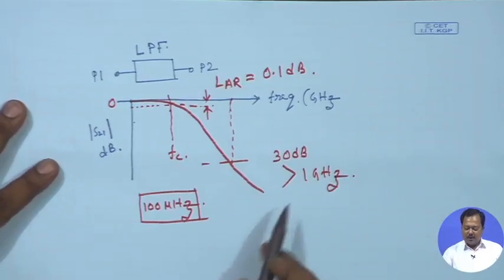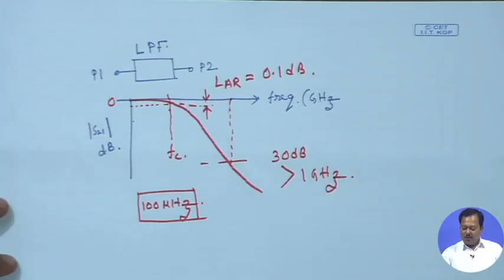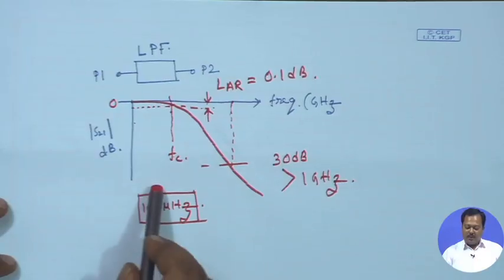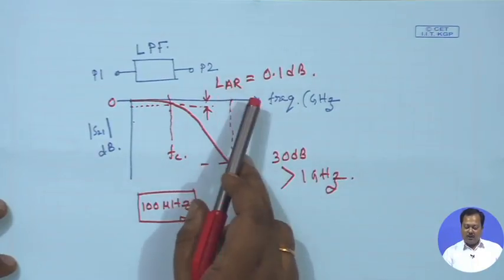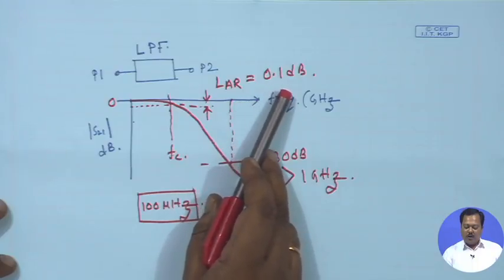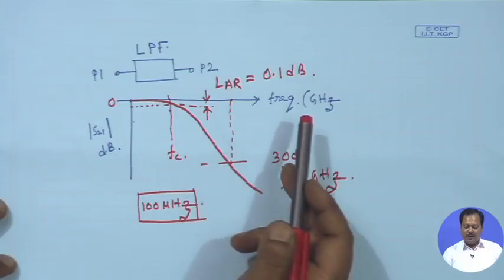In that case you can define another cutoff frequency, but remember, whenever we use these charts, this table, we first consider the signal bandwidth, and accordingly you can choose LAR equal to, let us say, 0.1 dB or 0.01 dB or 0.001 dB, anything.